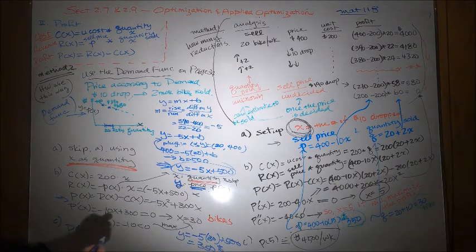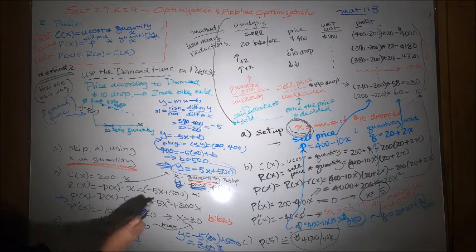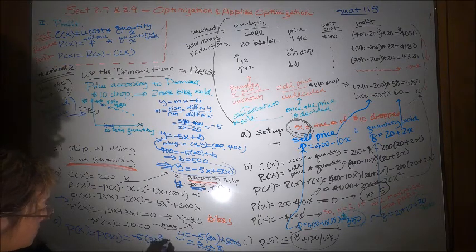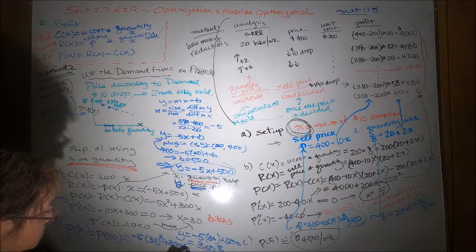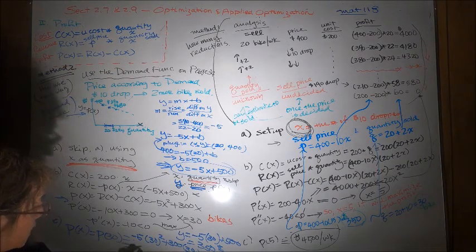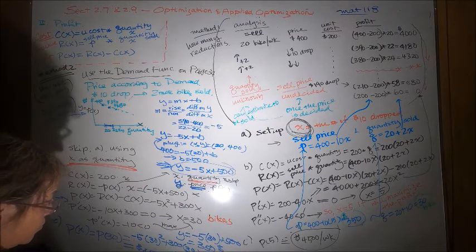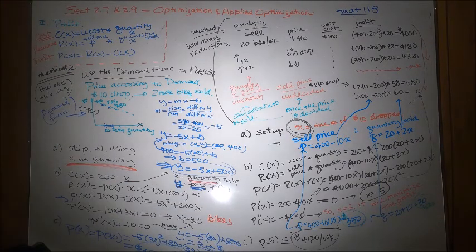When you sell 30 bikes, so 30 you plug in there, that would be negative 5 times 30 squared plus 300 times 30. You will end up with $4,500 for a week. You still get the same answers.